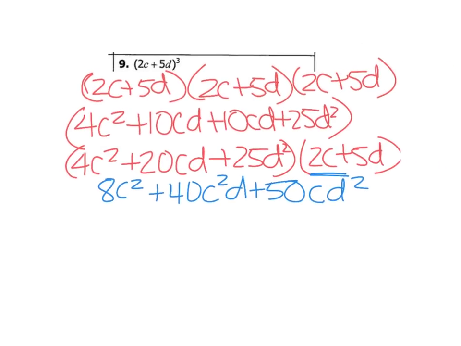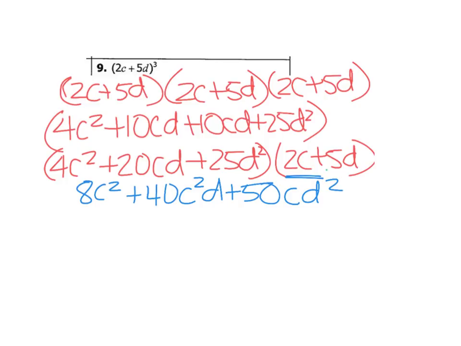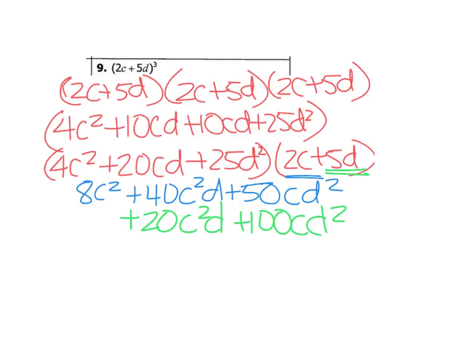Okay? Then what we want to do is we want to multiply 5d to every term in the first parenthesis. So 5d times 4c squared is going to give us 20c squared d. All right, and that's positive. Then 20cd times 5d is going to give us 100cd squared. And then 25d squared times 5d is going to give us 125d to the third.